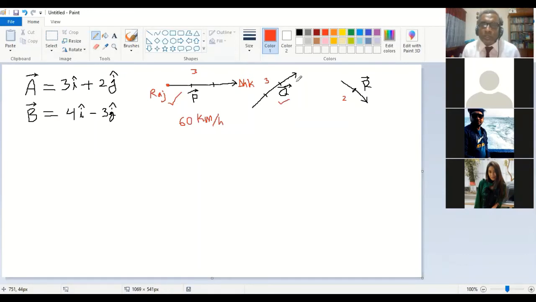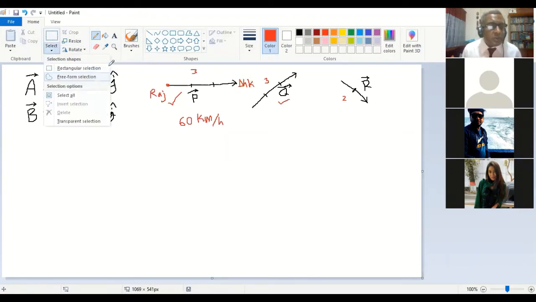Is that okay? You understand my example? And if you think about r, what will be the velocity for r in this case? Who can say what is the velocity for r?